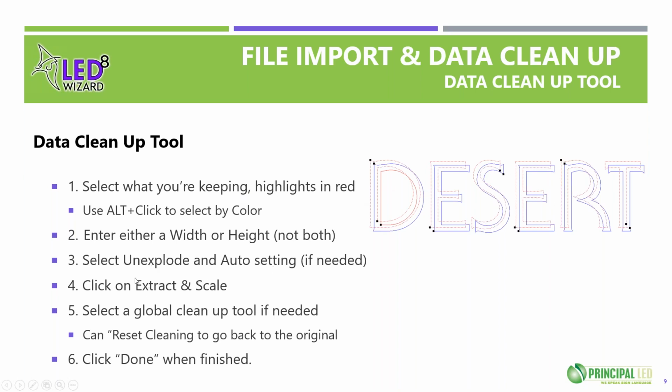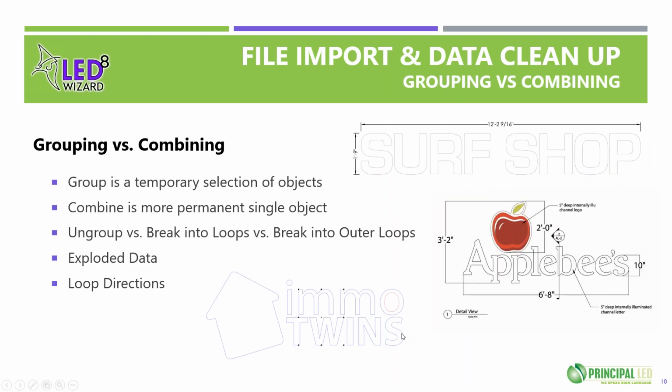Enter a width or a height, unexplode if necessary, extract and scale, select the global cleanup tool, and click on done. So this might seem a little repetitive, but as I go through the files, you'll see that there's a procedure here that once you get comfortable with, this can go very quickly. And here's a couple samples of files that I'll use today.